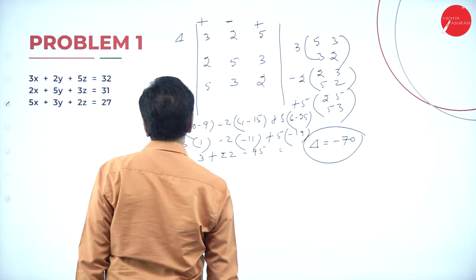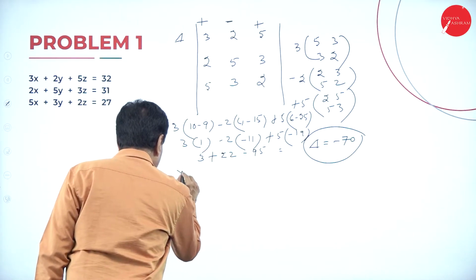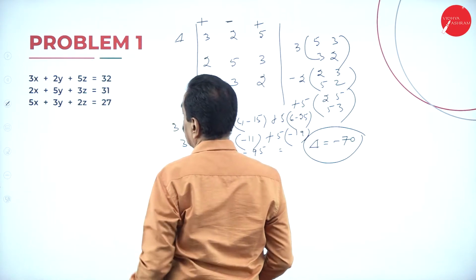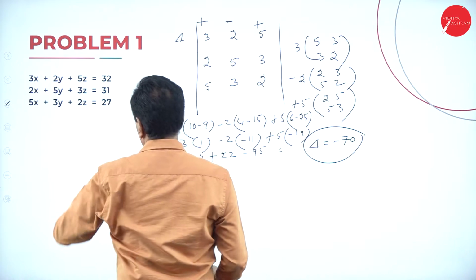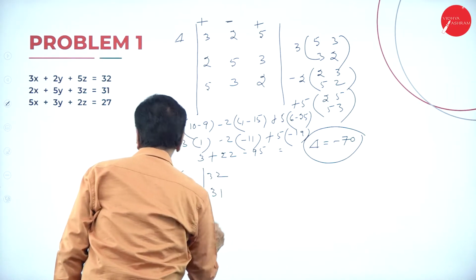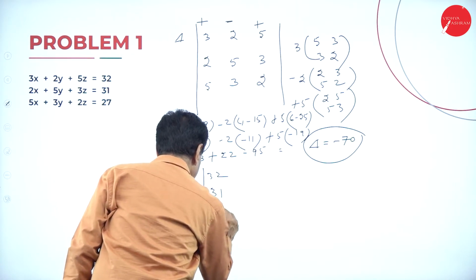Change over now. Second one, delta x. Change the first column: it will come 32, 31, 27.